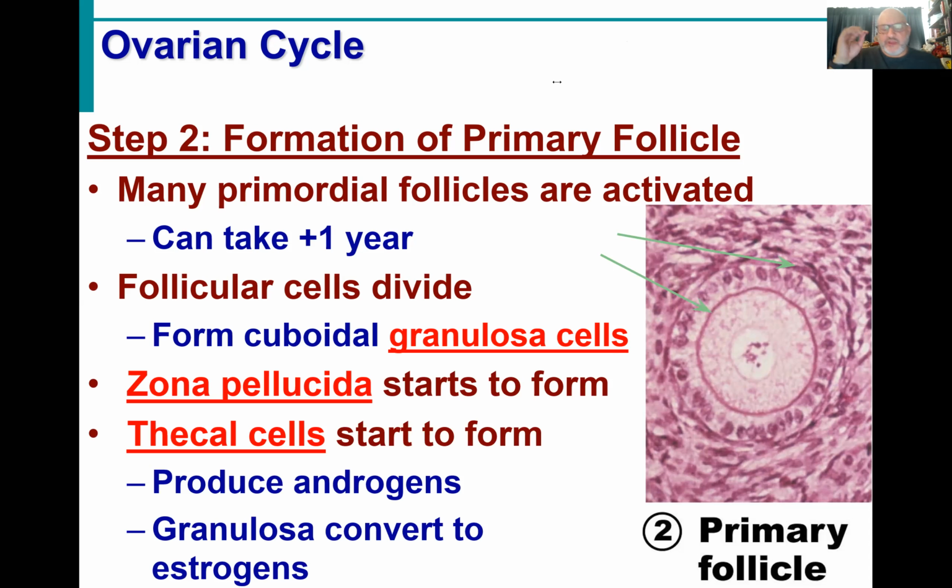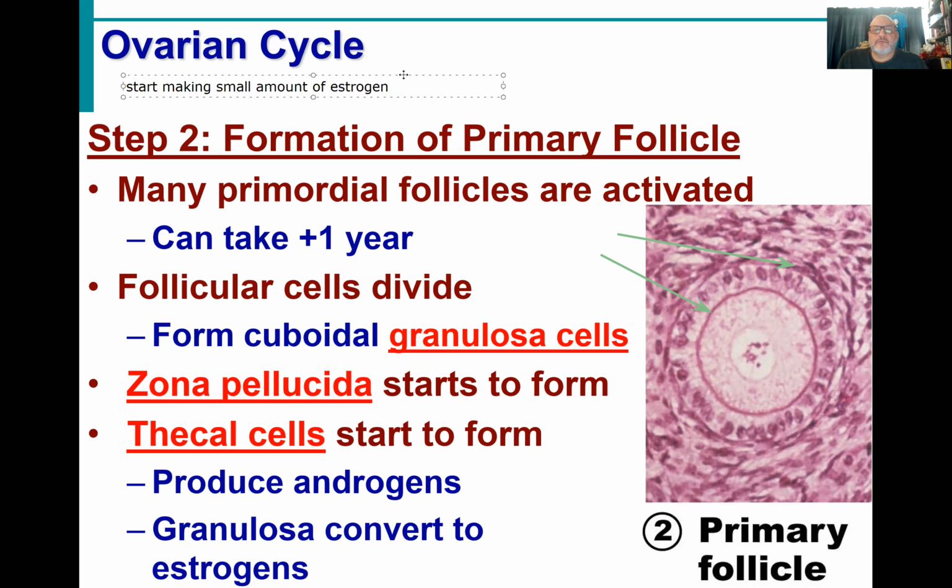So here we start making small amounts of estrogen. Now, questions on that?